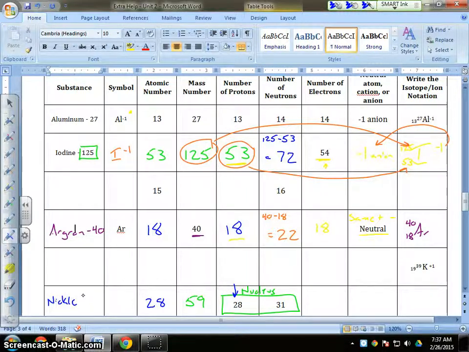Okay? And in terms of the rest of this, I have not given you any indication of charge or number of electrons or an ion isotope, so we're just going to assume this is neutral, no charge, which means our electrons are going to be equal to the protons, 28. I know nickel also had a specific mass of 59. That was really key.